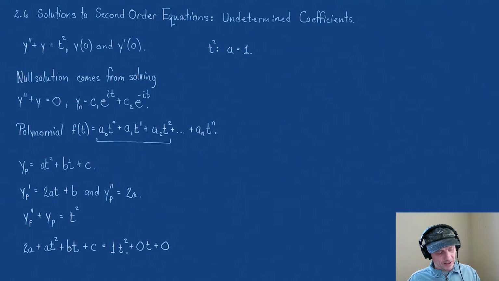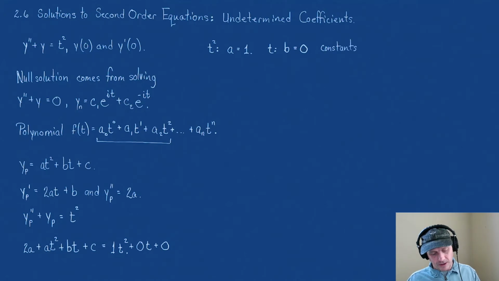Okay, now let's look at the next piece. The next piece would be anything with the coefficients of t. Well, in this case, our only coefficient of t is b, and on the right-hand side, we have a 0. And finally, for our constants, what do we have?